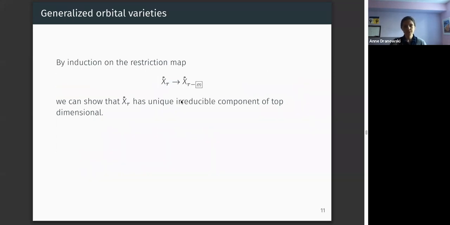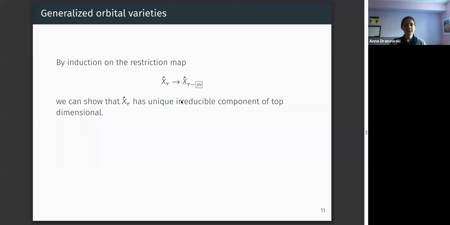And we're going to, okay, before we take the closure and define generalized orbital varieties, I want to say that, again, slowing this recipe down is useful for proving things about this set.